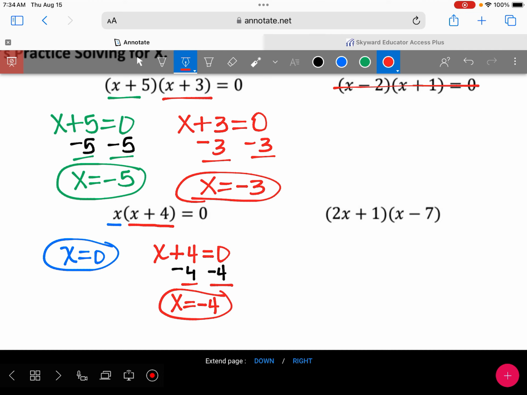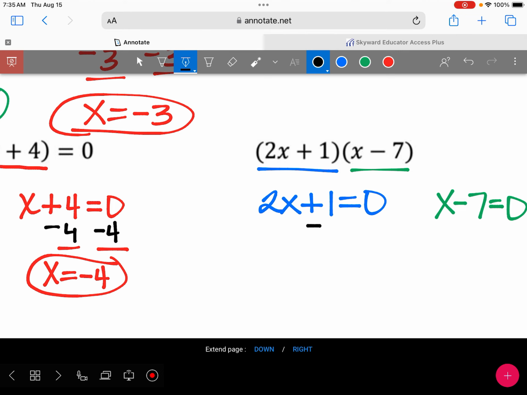All right, and then our last one, let's look at these two. Let's go ahead and solve it. 2x plus 1 equals 0. x minus 7 equals 0. For this one, though, we're going to get a fraction. So what's my first step to solve it? Subtract the 1.